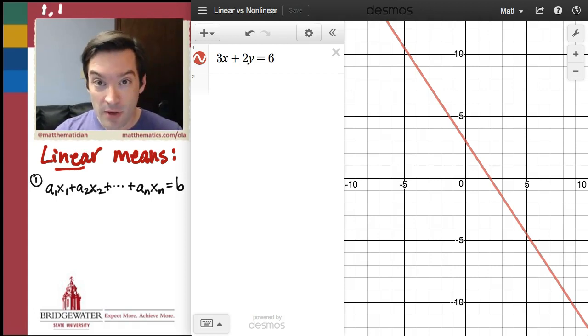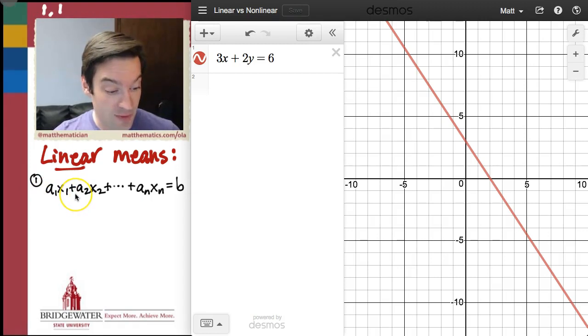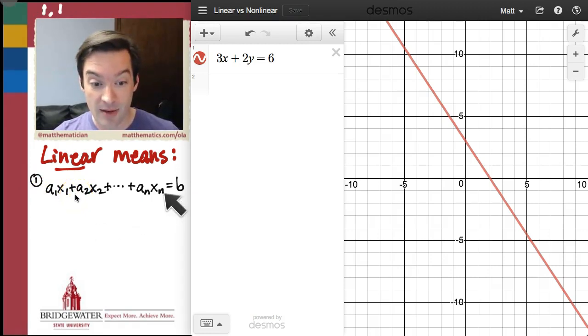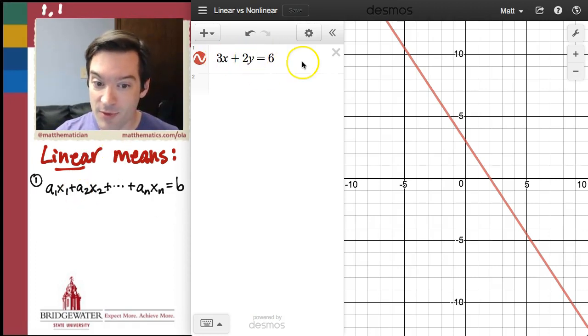So for example, if I only have two variables, and let's say those variables are x and y, then I can write down an equation that takes this type of form, a1x1 plus a2x2, etc., up to anxn is equal to b. I can write down an example of an equation like that in two variables, such as 3x plus 2y is equal to 6. So x and y are my variables. They're being multiplied by constants, so being multiplied by the real numbers 3 and 2.